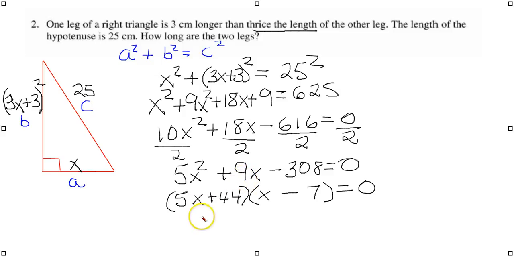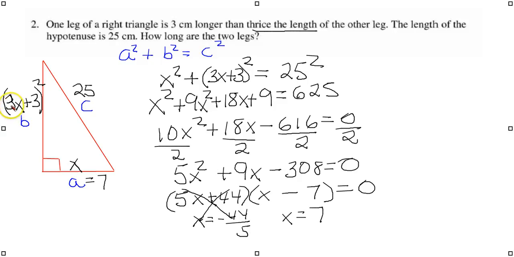Now again, when you solve this, you get x equals a negative 44/5, and here you get x is a positive 7. So this is rejected because we don't have negative lengths of anything. So our x value for the short leg is going to be 7.